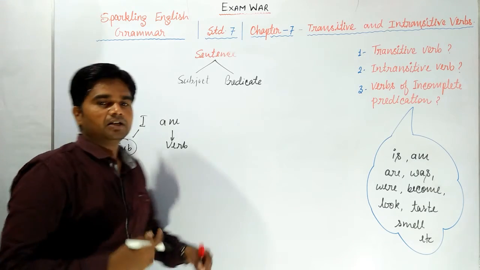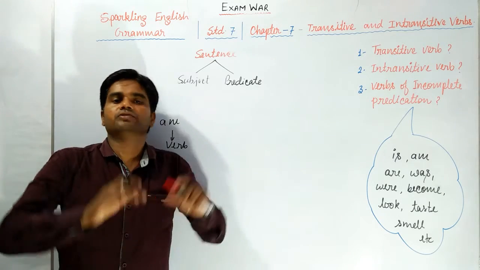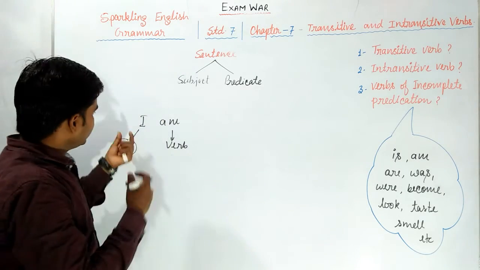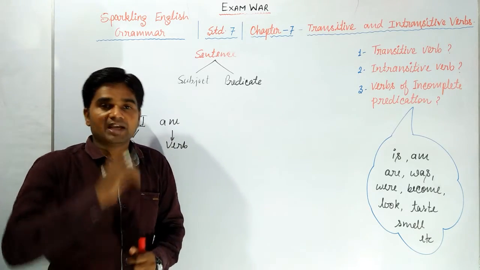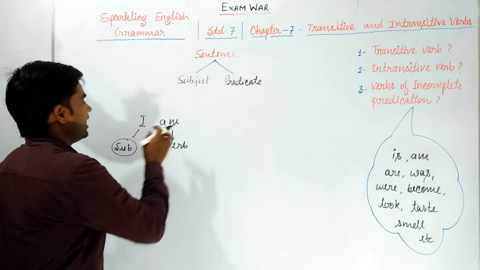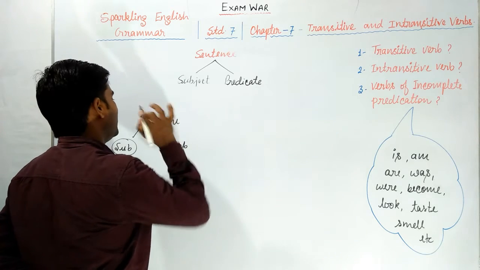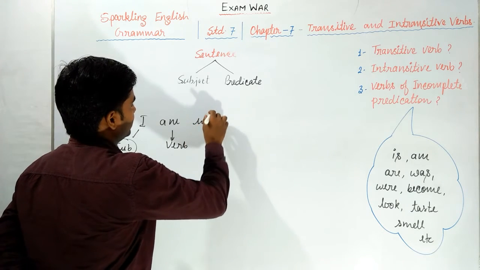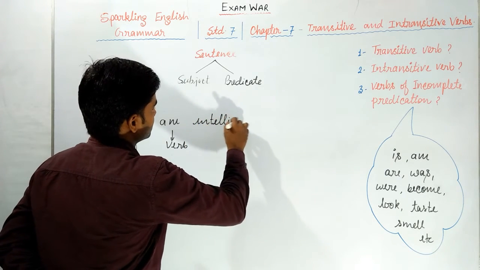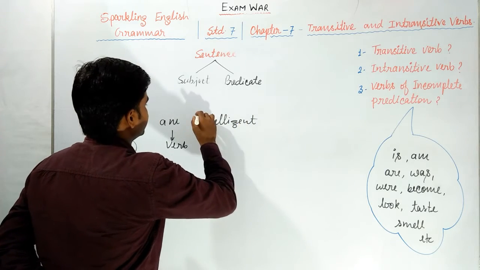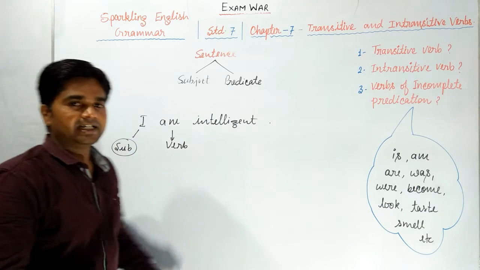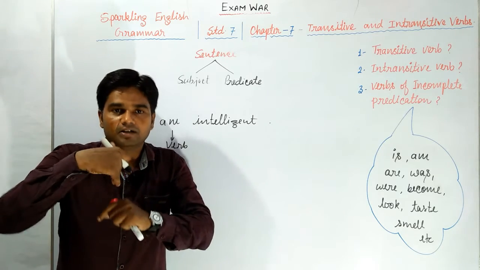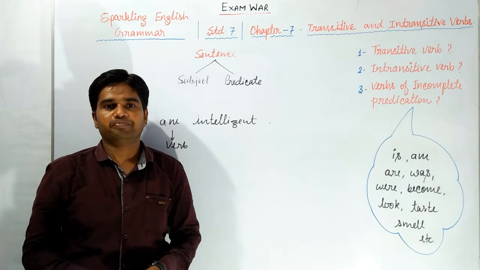Is this a sentence? No, these two words haven't any meaning. If I write I am intelligent, then it is a sentence. It has its sense. It has its meaning.